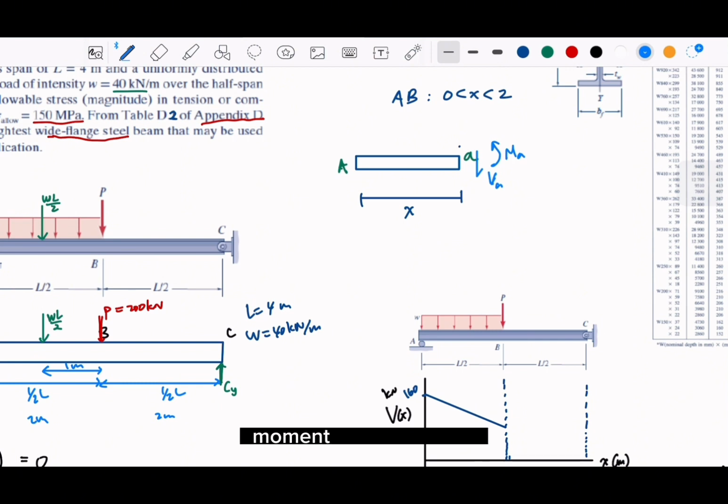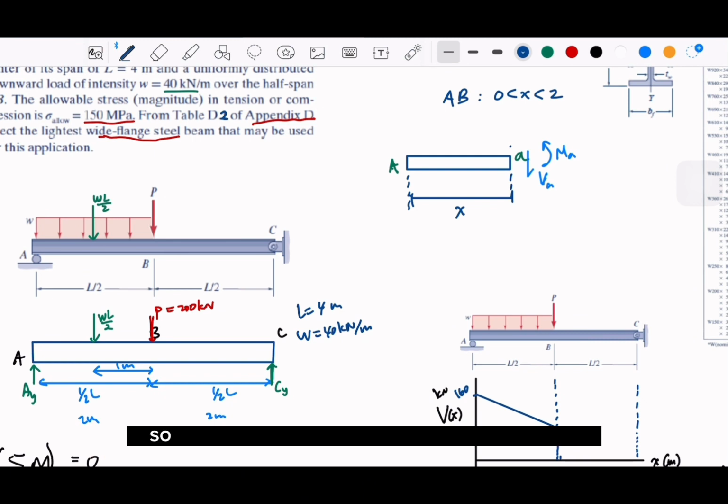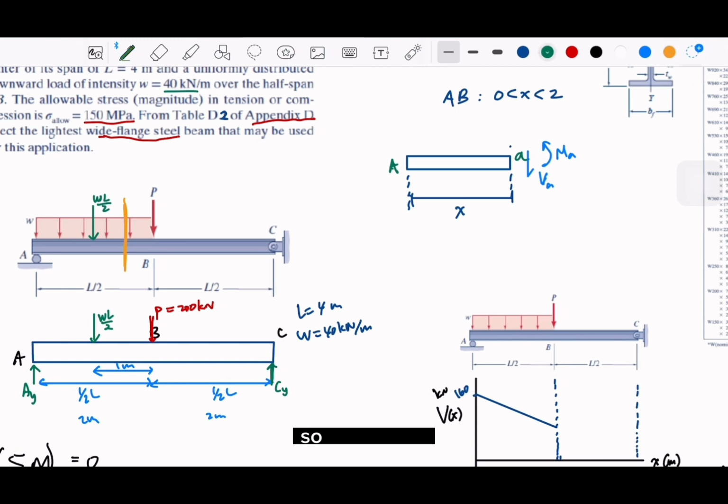We have moment and shear. So basically we are going to slice up until there. Still this is W, and this is X.